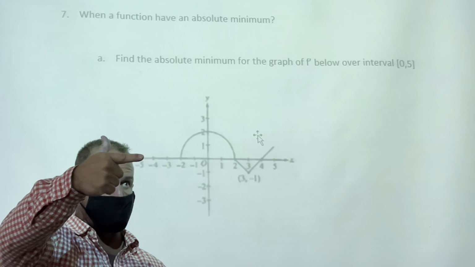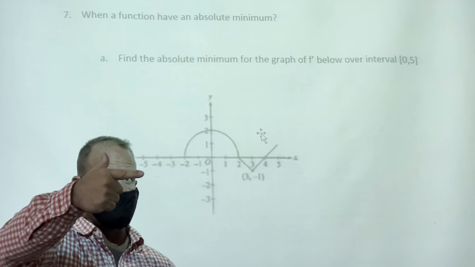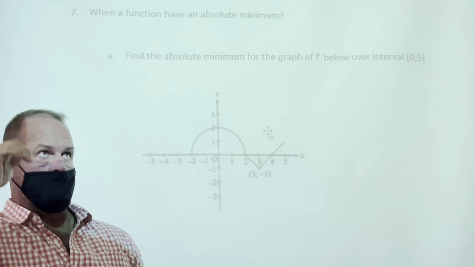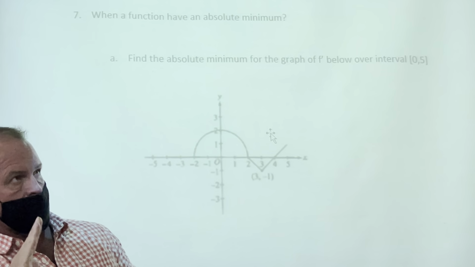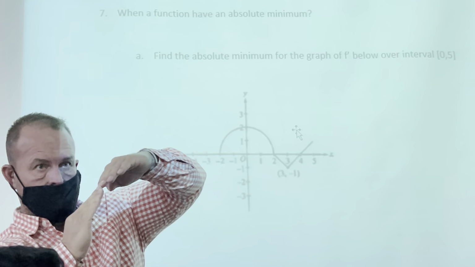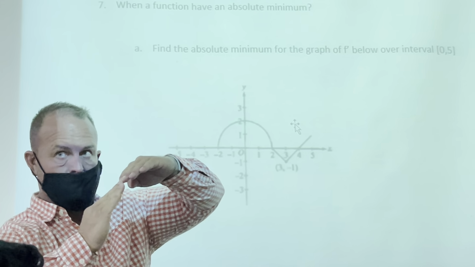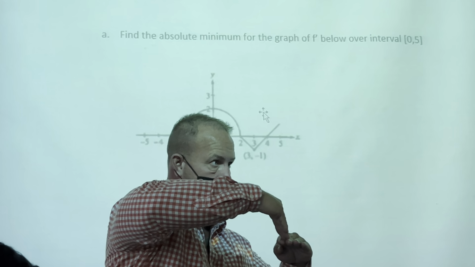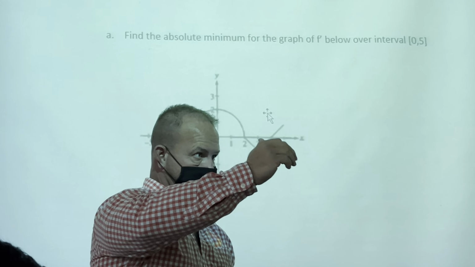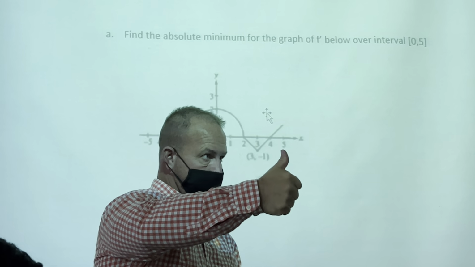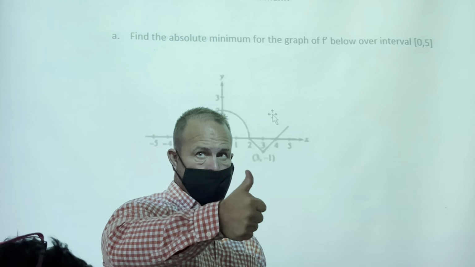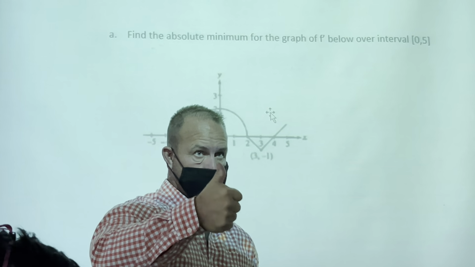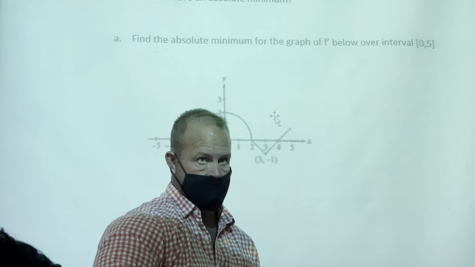The critical points that change from negative to positive could be a potential absolute minimum. Don't even worry about the positive to negative critical points. You don't test them. So you test the critical points that change from negative to positive, and you test the endpoints in displacement. Whichever has the lowest displacement is an absolute minimum.